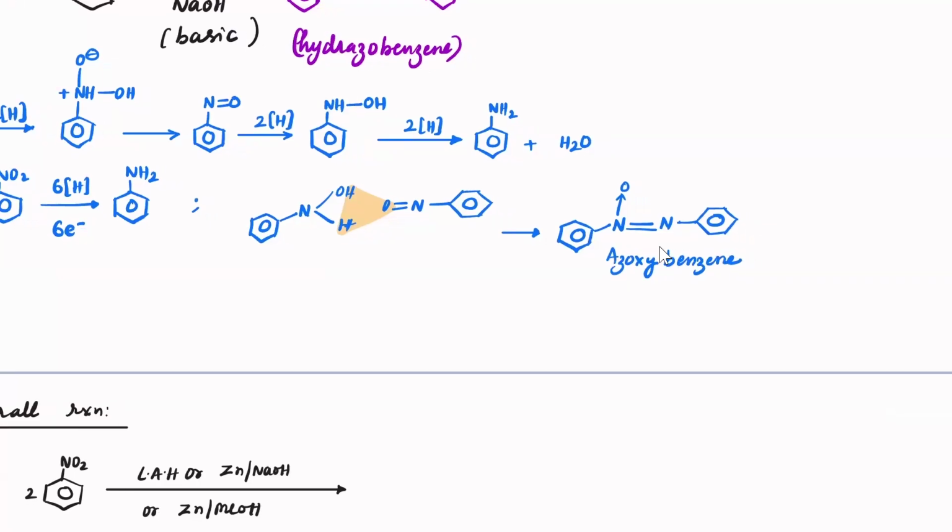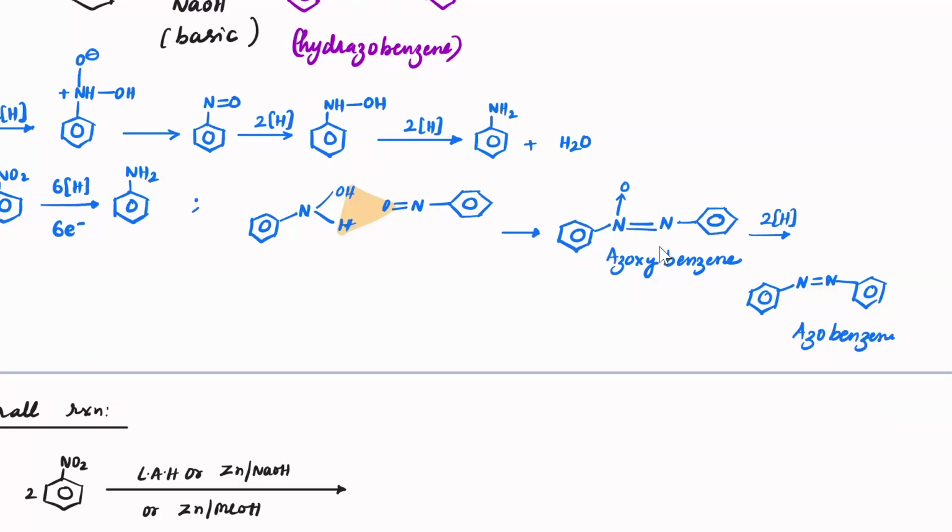Imagine reducing this azoxybenzene two times, removing that with water here, so we'll get H2O here. If you add another two nascent hydrogens, that will be removed and it will get into N double bond N with this benzene. So this will become azobenzene.